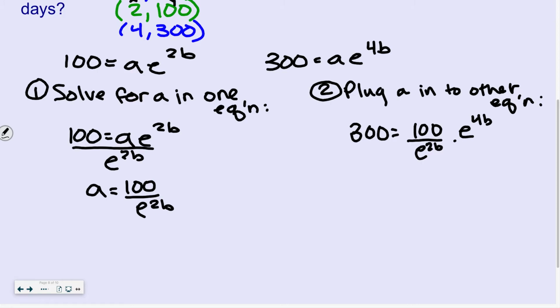Instead of A times E to the 4B, I'll just put 100 over E to the 2B. It's a substitution. Now if you're multiplying these two things, this is like E to the 4B over 1. You just multiply your numerator and multiply your denominator. So it's like 100 E to the 4B over E to the 2B.